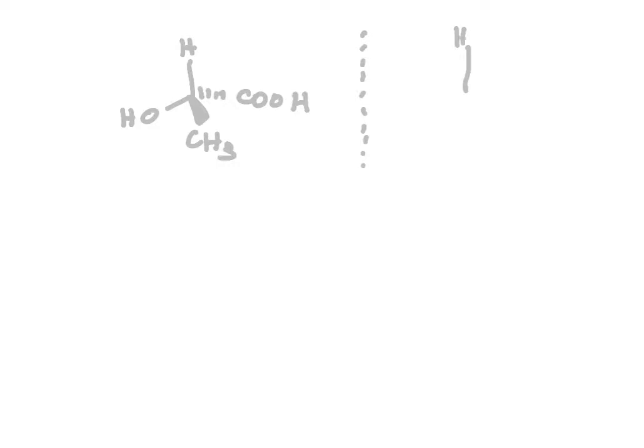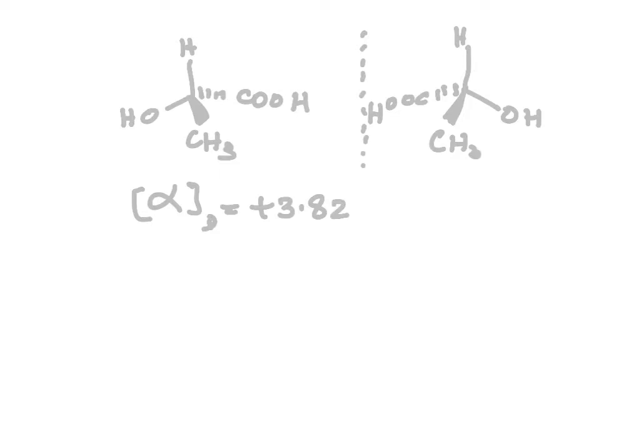So that's where the hydrogen would be. This is where the OH would be. This is where the CH3 is, and that's the COOH, right? So your alpha here, let's say that comes out to be plus 3.82. Then for its mirror image, the alpha is going to be minus 3.82.